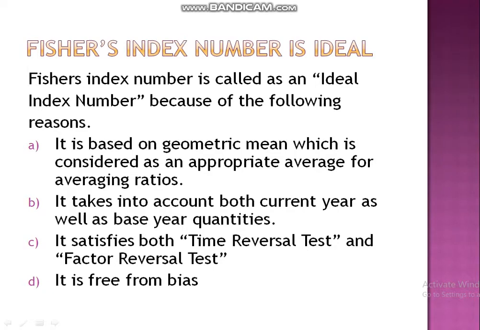While explaining the characteristics of index numbers, I told you that index numbers are actually ratios which are expressed as percentages. Generally, for ratios, geometric mean is the best measure. So since these index numbers are ratios and Fisher's index number is a geometric mean of Laspeyres' and Paasche's, it is the best measure, so it is an ideal measure.